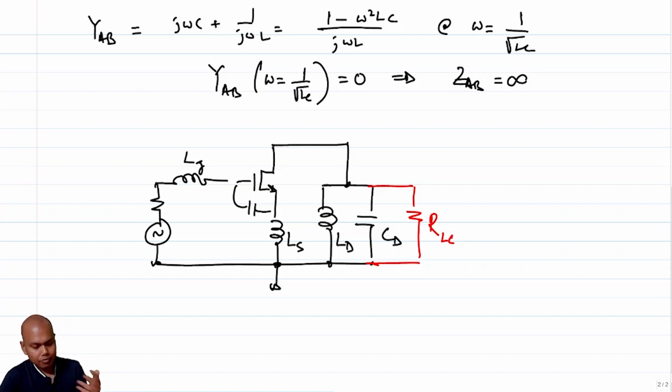In one of the later lectures, where we'll talk about passives, we'll see how to model this RLC given certain losses associated with the LC. But for the time being, we understand that at resonance, the impedance that we will see will be equal to RLC.